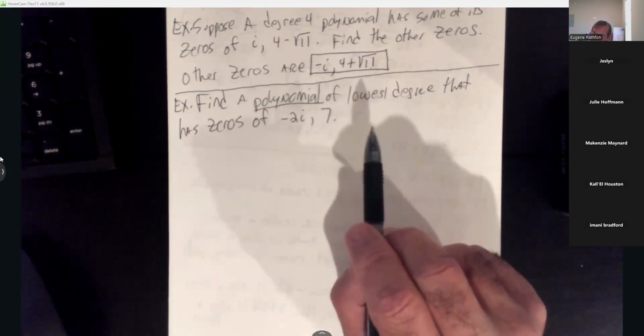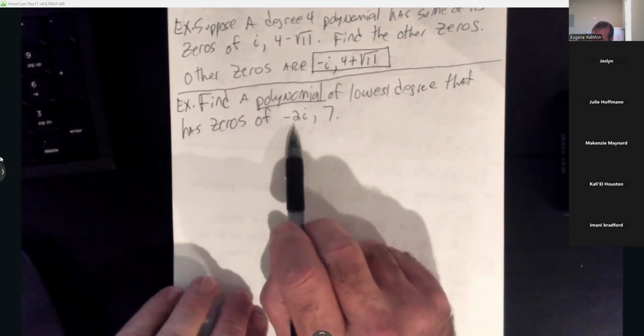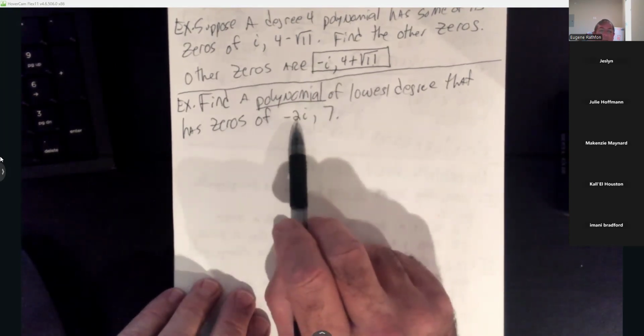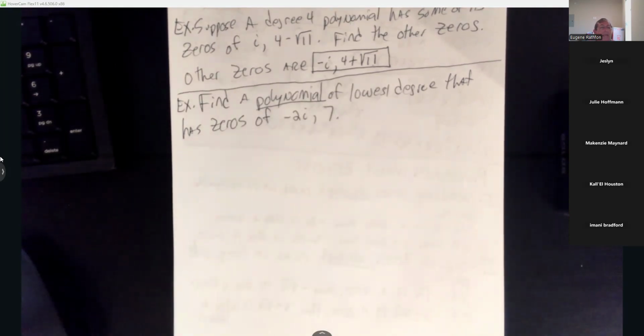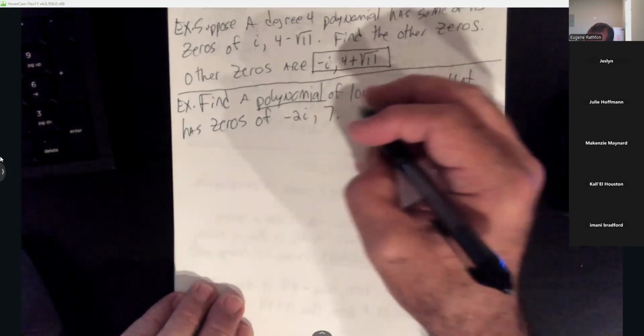First off, this polynomial has zeros of negative 2i and 7. Does it have any more zeros? It's going to be positive 2i. There you go.